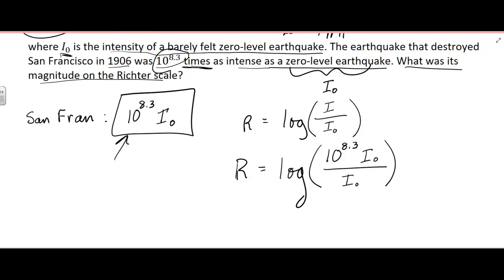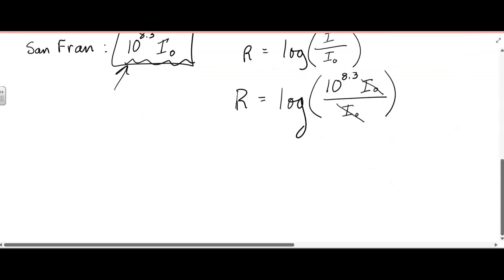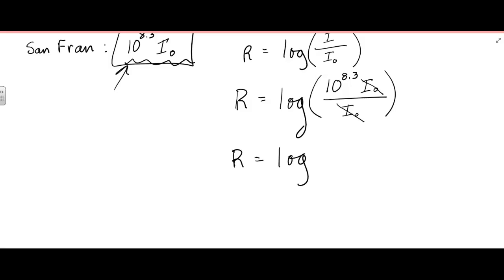The intensity of the San Francisco earthquake is 10 to the 8.3 times as intense as a zero level earthquake, and then we're dividing by a zero level earthquake. Well, what happens? Those I naughts cancel. So now I have R equals common log of 10 to the 8.3. Now I like the parentheses, but I'm not going to put them.